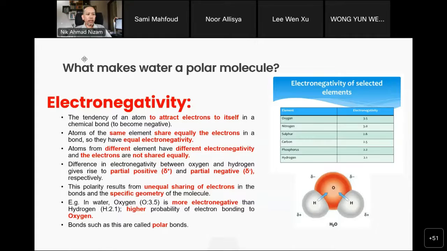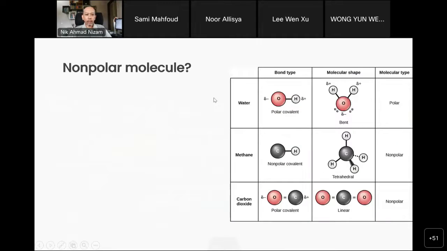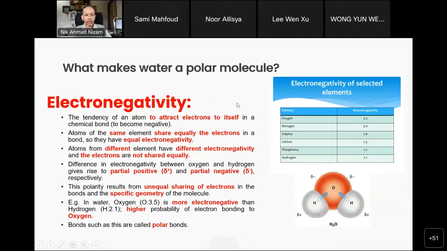So again, what is electronegativity? It's the tendency of an atom to attract electrons to itself in a chemical bond, or to become negative. Atoms of the same element share the electrons in a bond equally. For example, C single bond C, it has the same element, or oxygen O and O, so they have equal electronegativity.